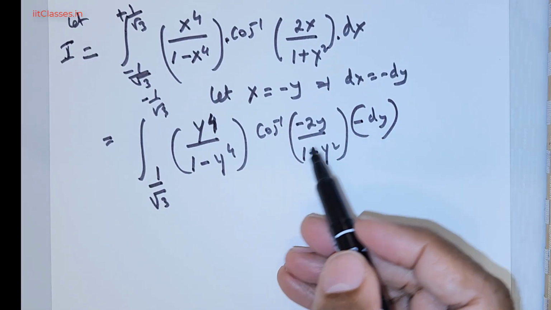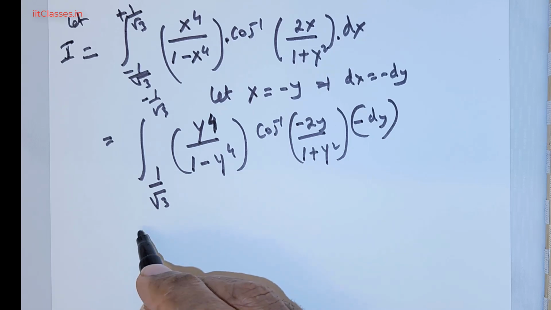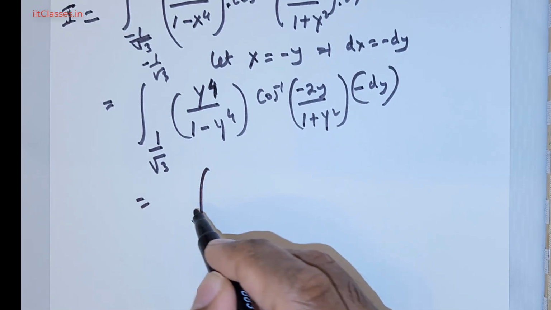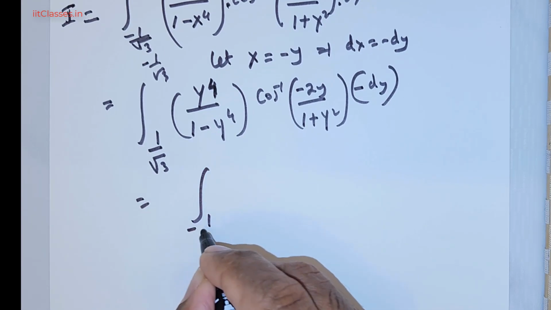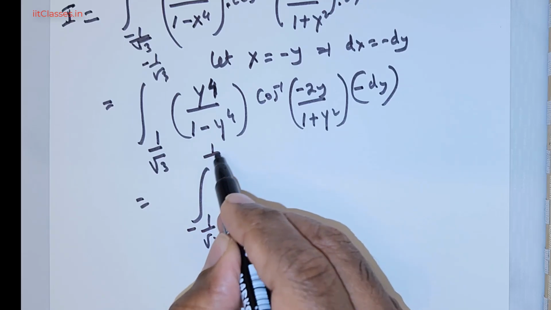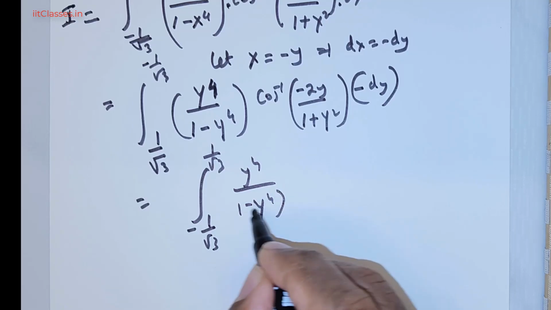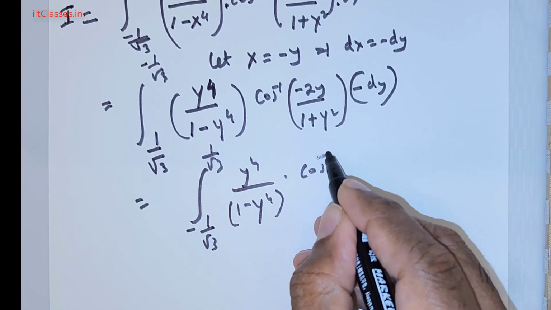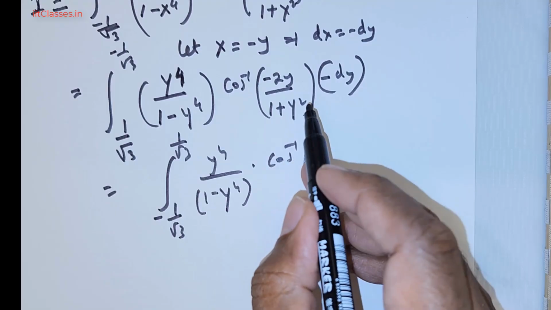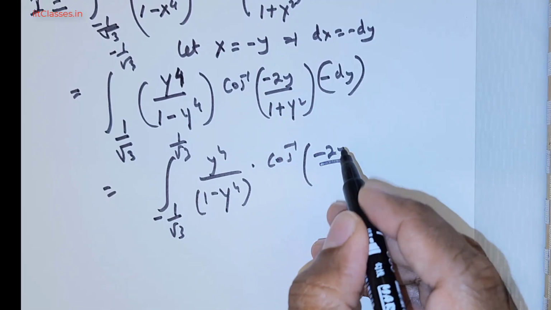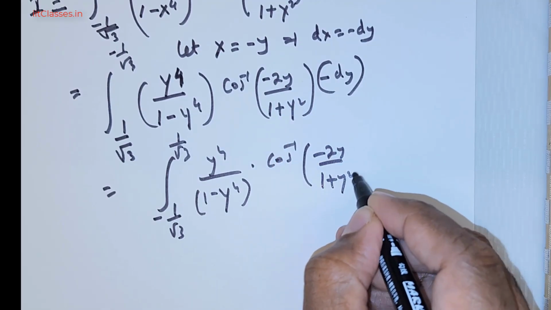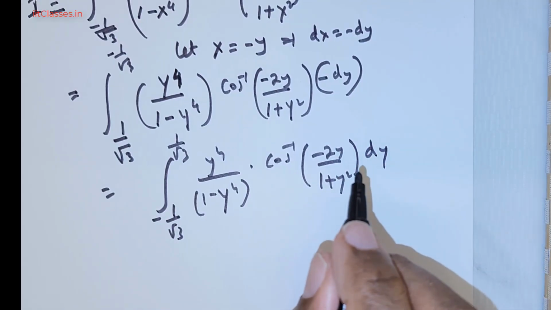Because of the negative sign, and all these functions being even, I can flip the integral as negative 1 over root 3 to positive 1 over root 3 of y to the power of 4 divided by 1 minus y to the power of 4 times cos inverse of negative 2y divided by 1 plus y squared, dy.